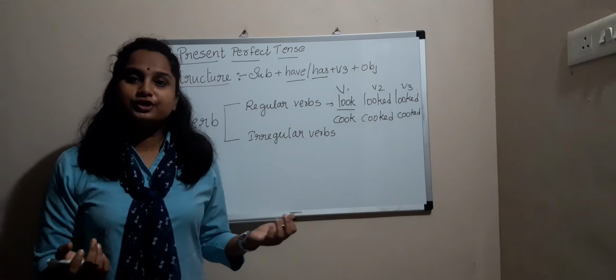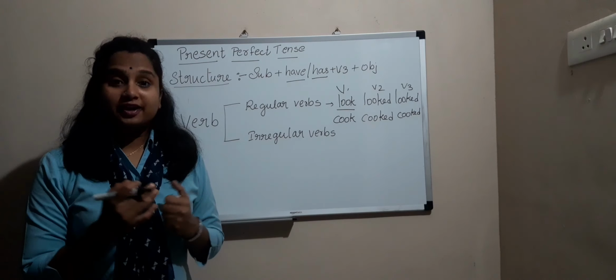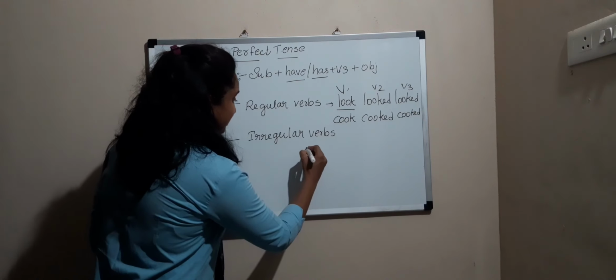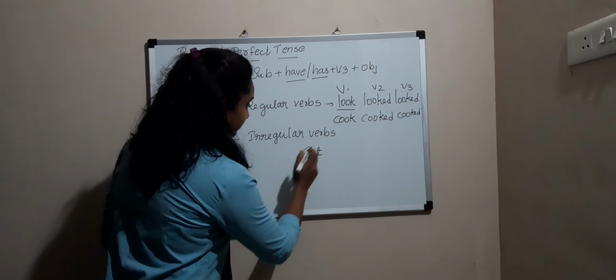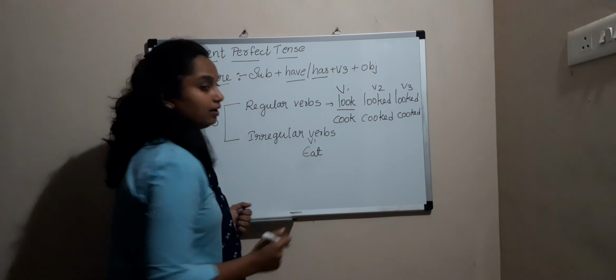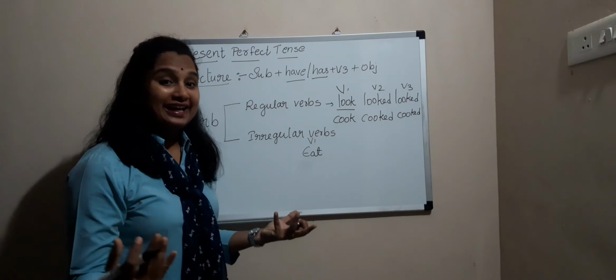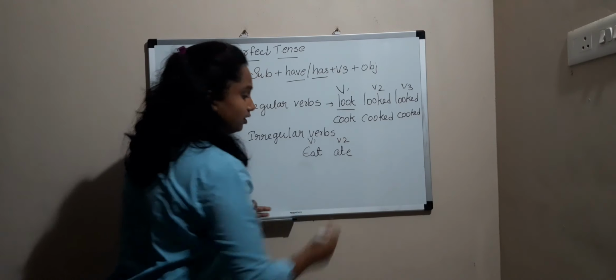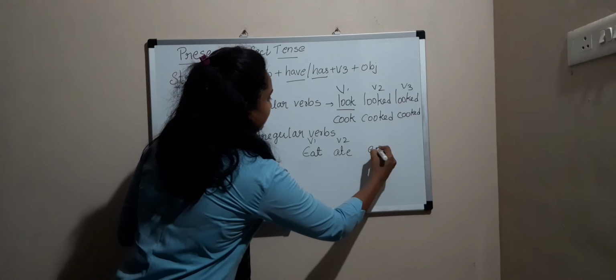Cook, cooked, cooked. But when it comes to irregular verbs, let's take eat. This is V1. What is the V2 form for eat? Ate. Verb third form, eaten.